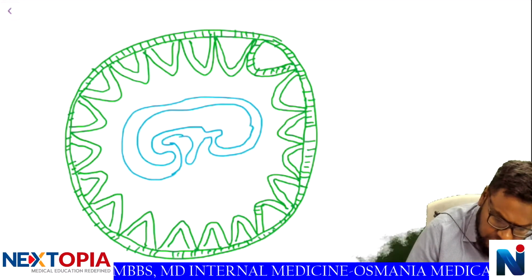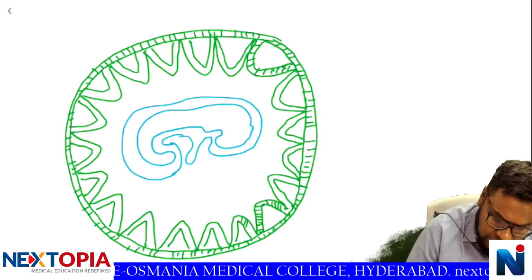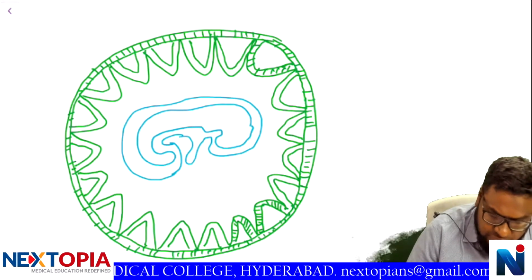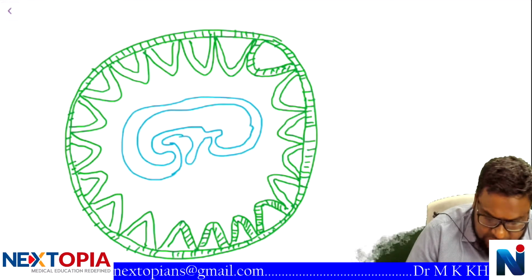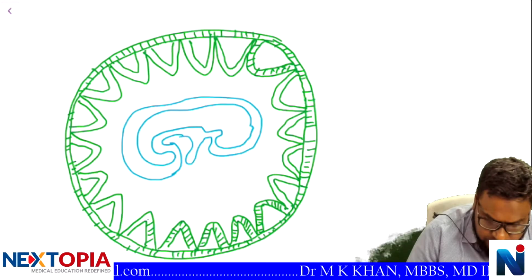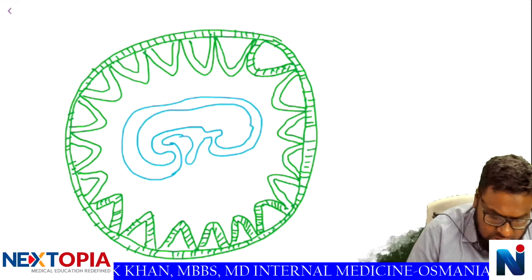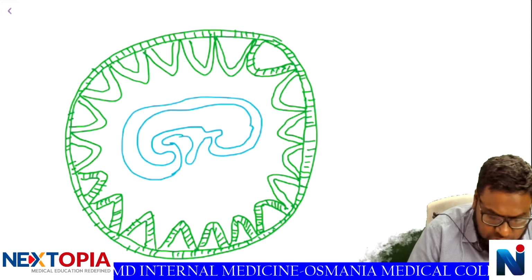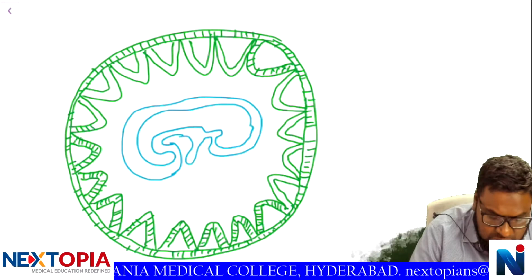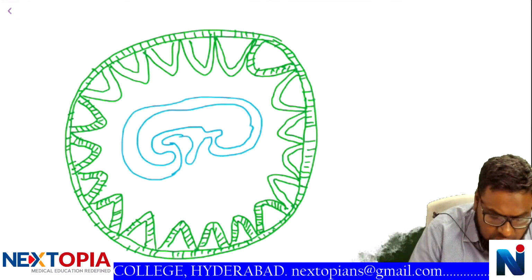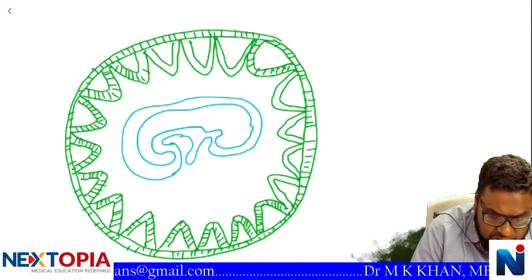The innermost structure is the extraembryonic mesoderm. After that we have the cytotrophoblast, then the next layer is the syncytiotrophoblast. I'm showing you where the blood vessels are attached so that we understand the formation of the tertiary villus, because the presence of blood vessels along with the secondary villus makes it a tertiary villus.